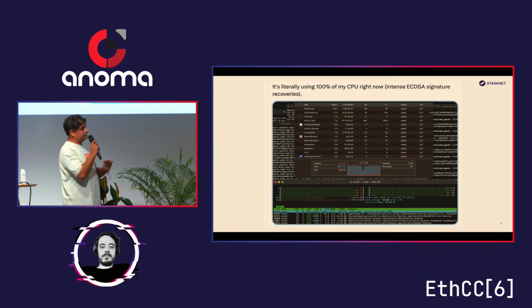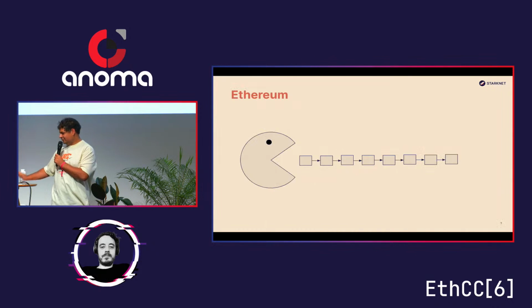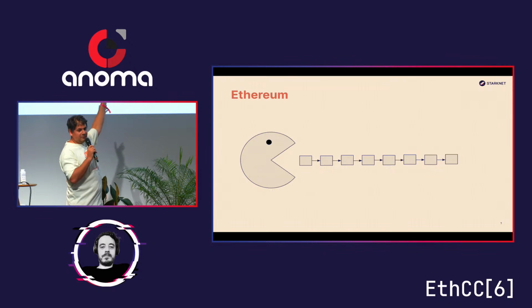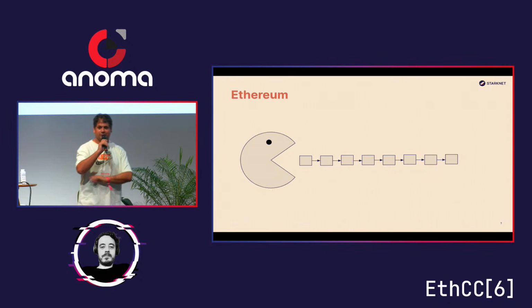And at some point, not always, but at some point, it requires 100% capacity of the CPU. So how is it related to fees or to Starknet? Well, when it comes to Ethereum, this Pacman on the side here is basically an Ethereum full node.